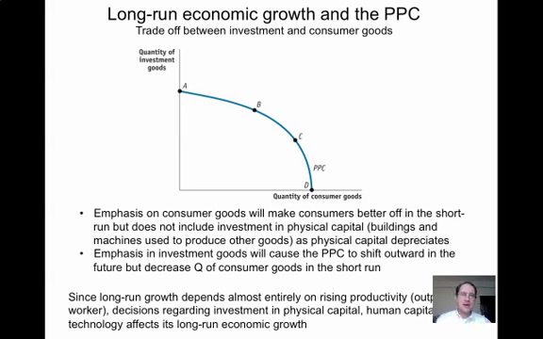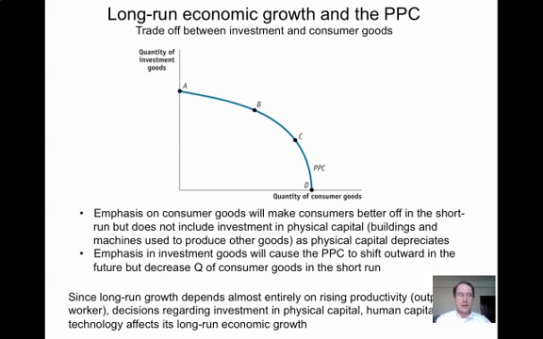Investment at point A is all about investing in the future. Now, generally in any economy you'll see investment somewhere near point B or C, where you're combining your investment in long-run productive capabilities with production of consumer goods.